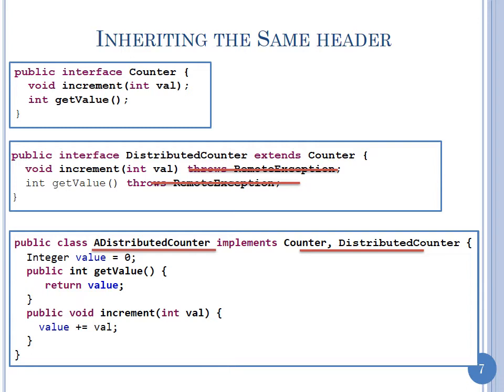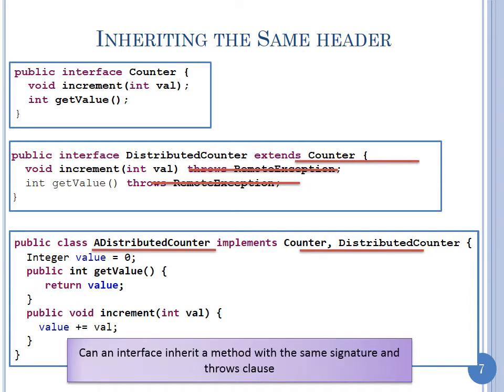It's already inheriting void increment and get value, and it's duplicating these method headers in its own declaration also. So the question is, can an interface inherit a method with the same header and throws clause that it itself declares?